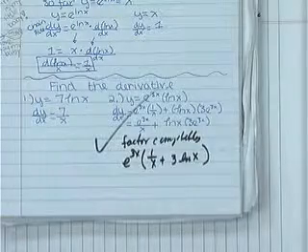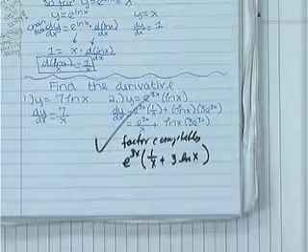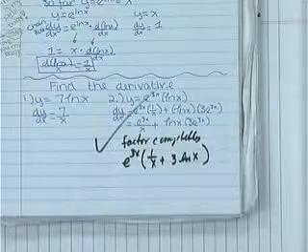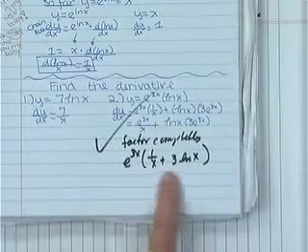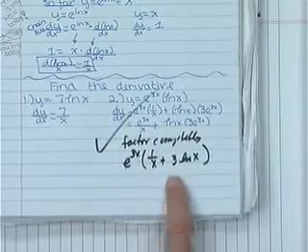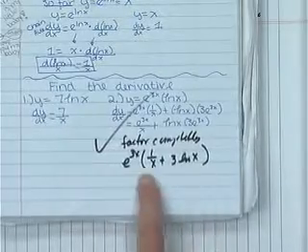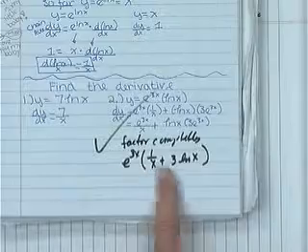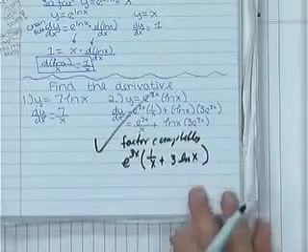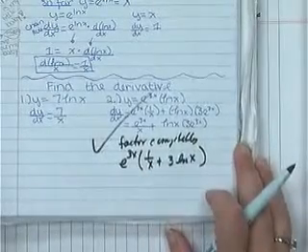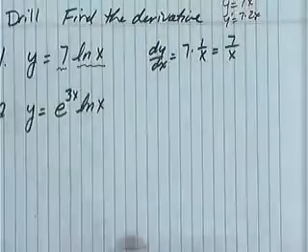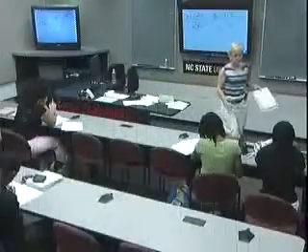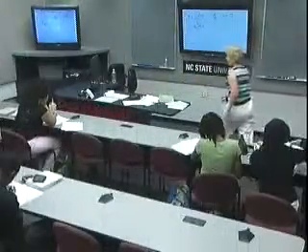Depends on what you need it for. If you were looking for possible extreme points, it's easier to see what makes the function equal to 0 or undefined. It's only undefined at x equal to 0, but that's not part of the domain, so this problem wouldn't have been good anyway. Good job. Perfect.